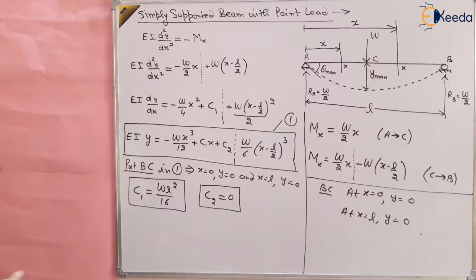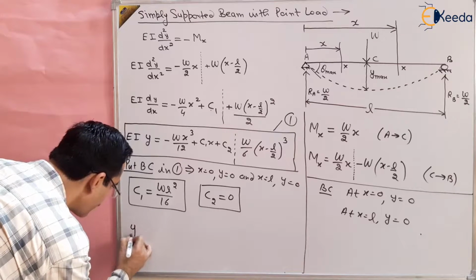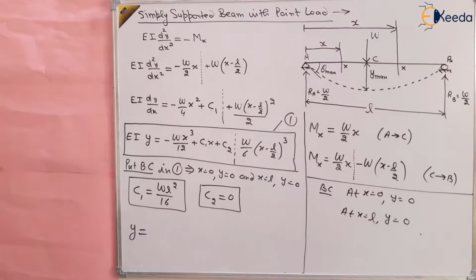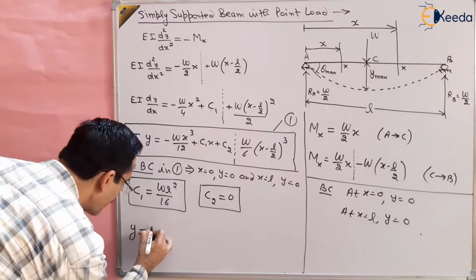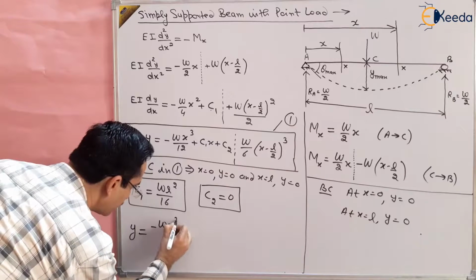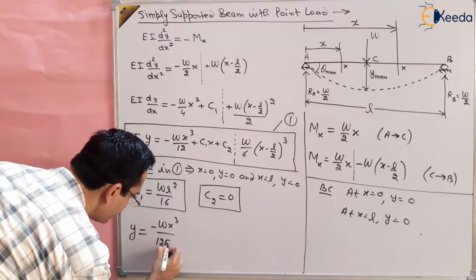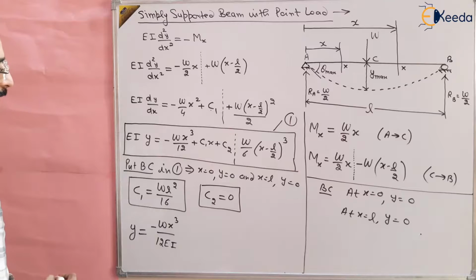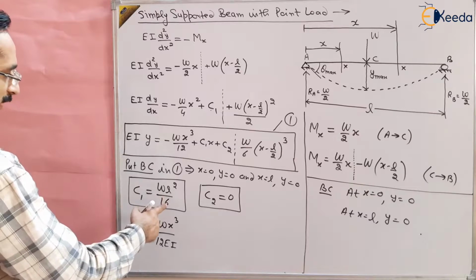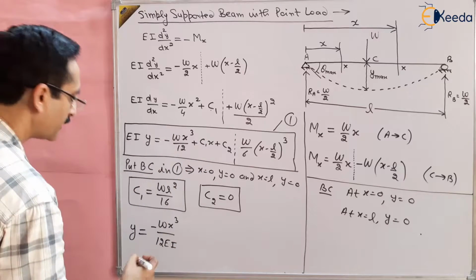Now y will be equal to minus w x cube by 12 EI. C1 value we know, so C1 value can be put here.